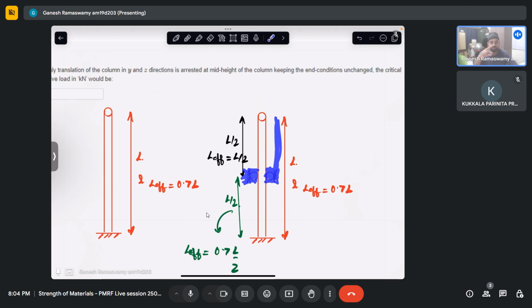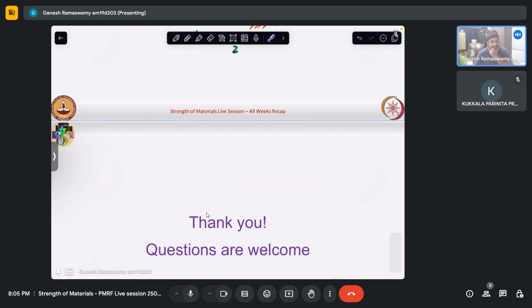If both are fixed, we know L effective is half L. So we have to analyze two different short columns when stiffeners are used, and then whichever has the least critical buckling load will actually lead to the buckling of the entire column, because once this buckles, naturally it will precipitate buckling in the other. So whichever starts the phenomenon of buckling will govern the actual design. Other than this, I have nothing more to add.